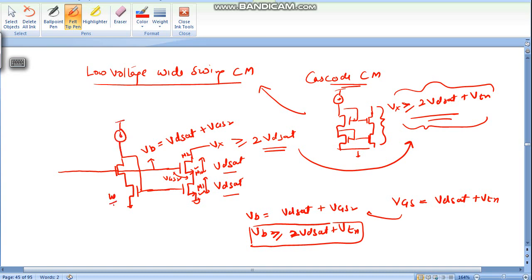Say this is W by L1, this is W by L1, say this is W by L2, this is W by L2. Now how to generate this VB voltage? We will take a device, say its size is W by Lx. So this is I, this is I. So this W by Lx is generating 2Vdsat plus VTN.